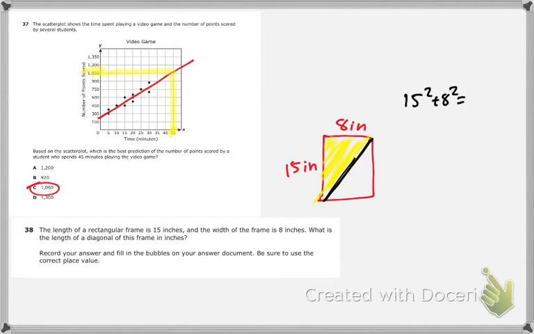It is going to give us our hypotenuse squared. So 15 squared plus 8 squared is 289. We do take the square root. We get 17. So the diagonal length is 17 inches.